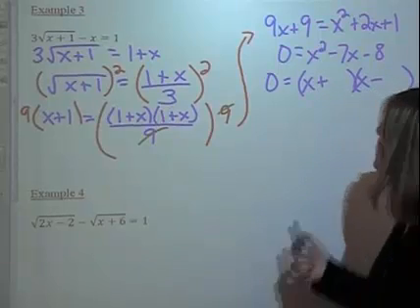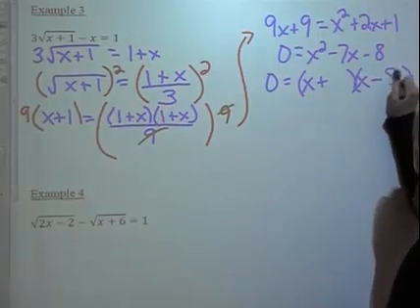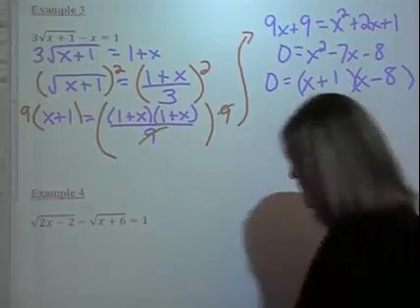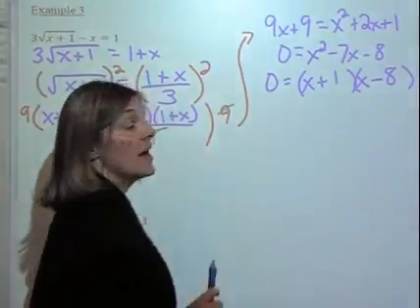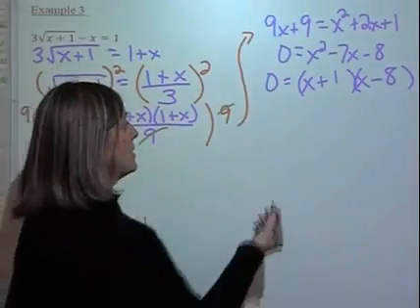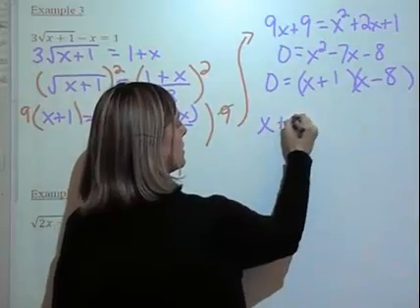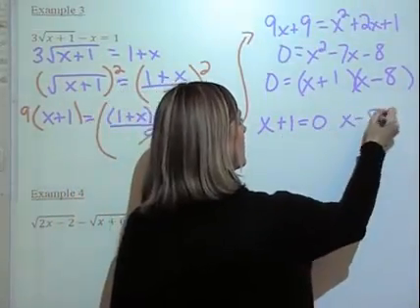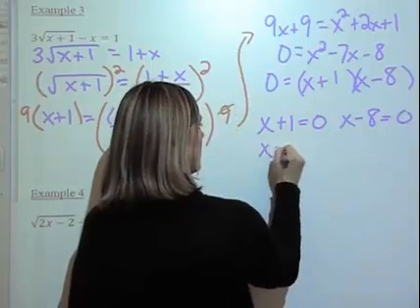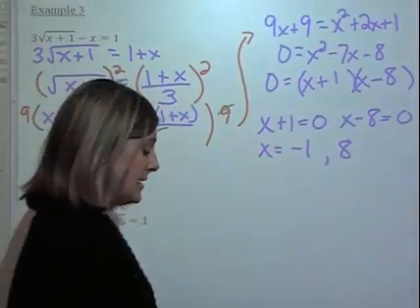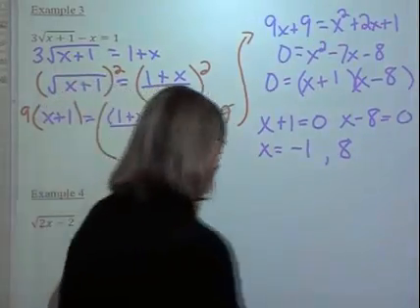Well, 8 and 1 will give us a negative 7, and we need the 8 to be negative in order for that 7 to be negative. And so we have x plus 1 and x minus 8. So then we just set them equal to 0. So x equals negative 1 and 8, and then we check them.